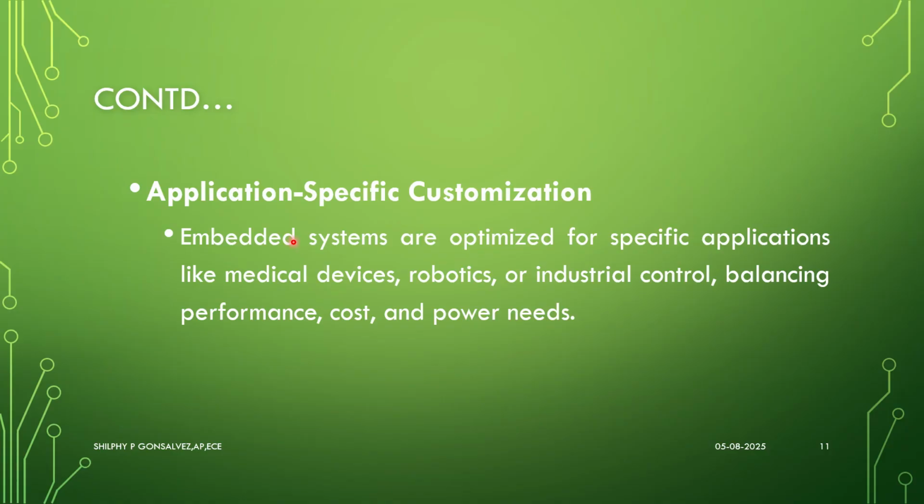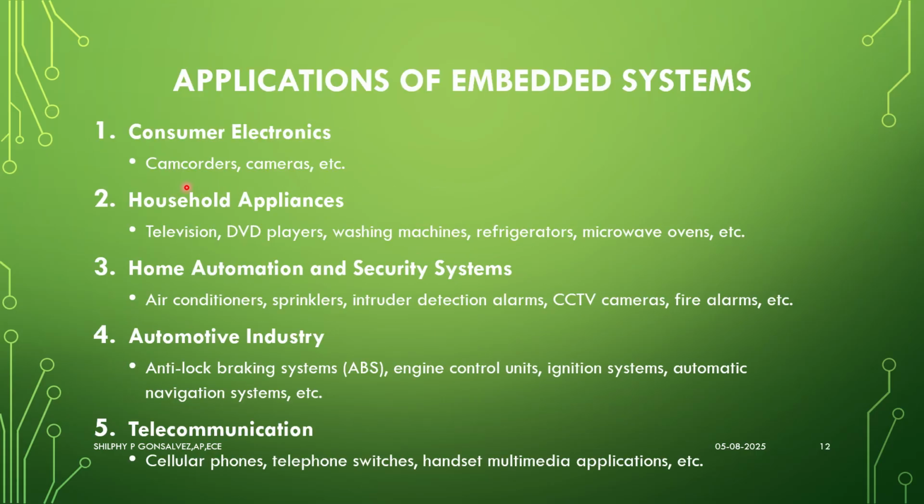Coming to the application specific customization, embedded systems are optimized for specific applications like medical devices, robotics, or industrial control, balancing performance, cost, and power needs. If you consider an example of an application specific embedded system, we know that sports tracker shoes exist, right?